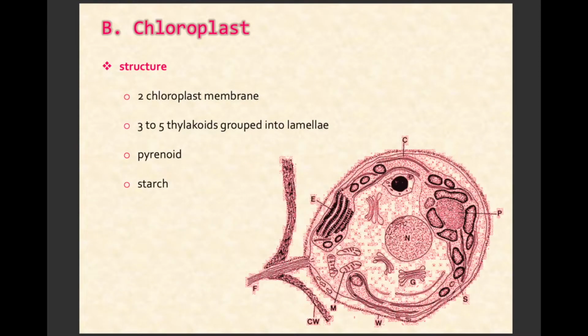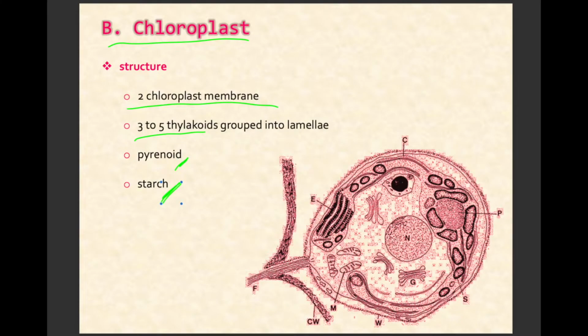In terms of the chloroplast diversity, in terms of the structure of the chloroplast, we have two chloroplast membranes. Again, your Chlorophyta belongs to group 2 in terms of chloroplast structure, and they have 3 to 5 thylakoids grouped into those lamellae that we mentioned earlier. We also have your pyrenoid and your starch.